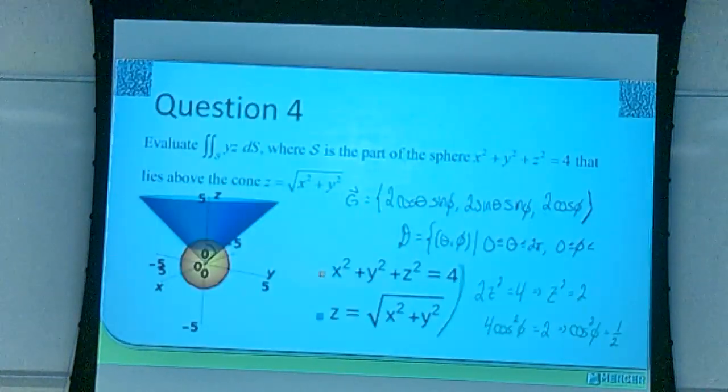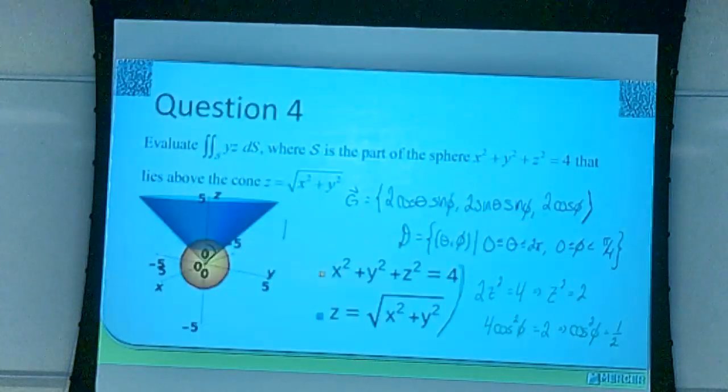It starts at 0 and goes to pi. Isn't cosine positive on that range? That's why it's the positive root instead of the negative, because we're dealing with phi. There is your domain.